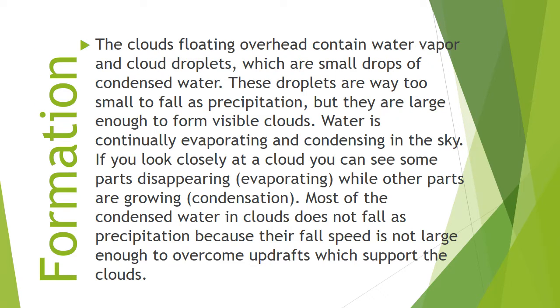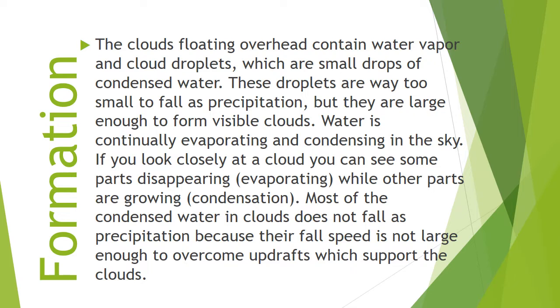So, the first point is the formation. The clouds floating overhead contain water vapor and cloud droplets, which are small drops of condensed water. These droplets are way too small to fall as precipitation, but they are large enough to form visible clouds. Water is continually evaporating and condensing in the sky.